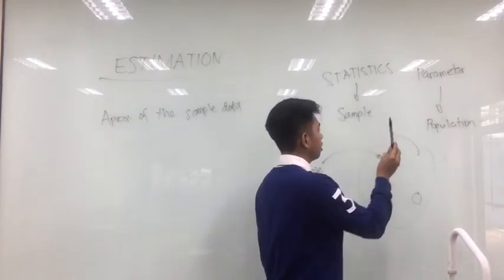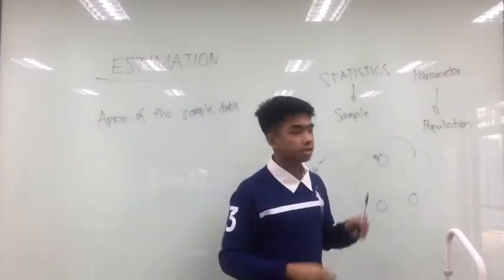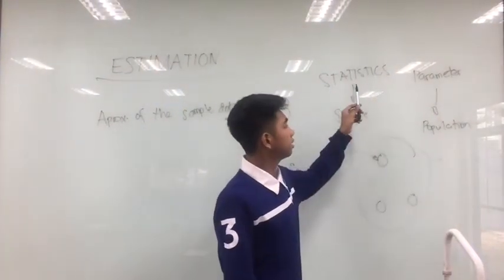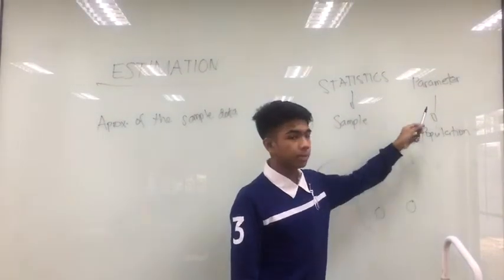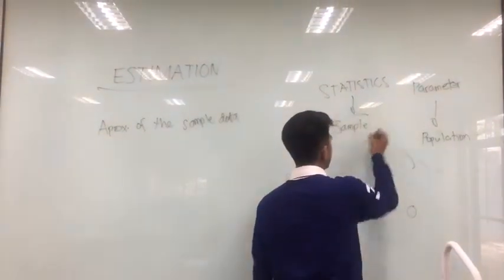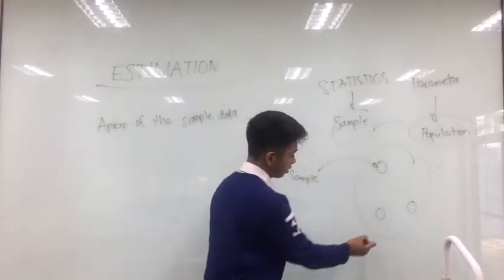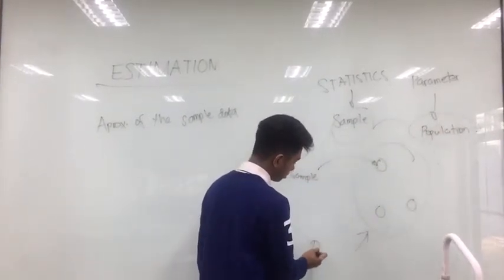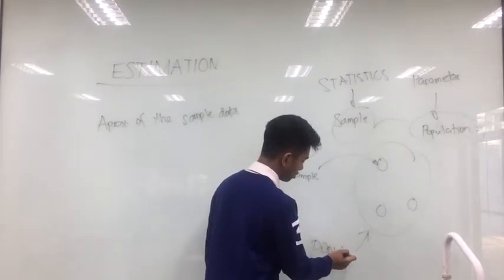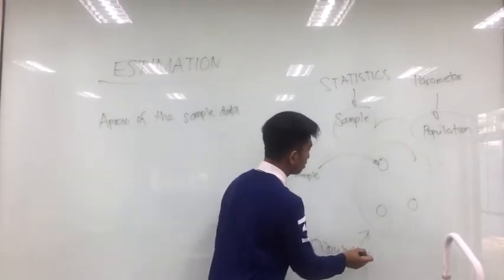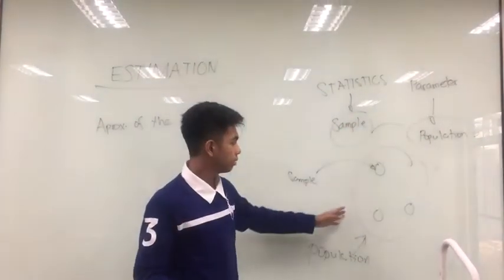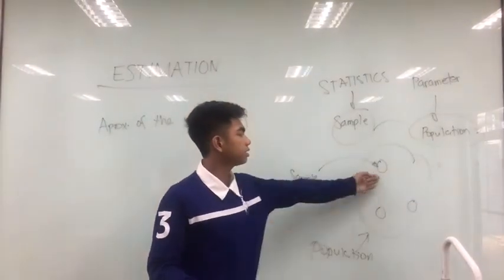So the sample is inside the population. Statistics is inside the parameter. One more: this is the population, or the parameter. And this is the sample, or the statistic.